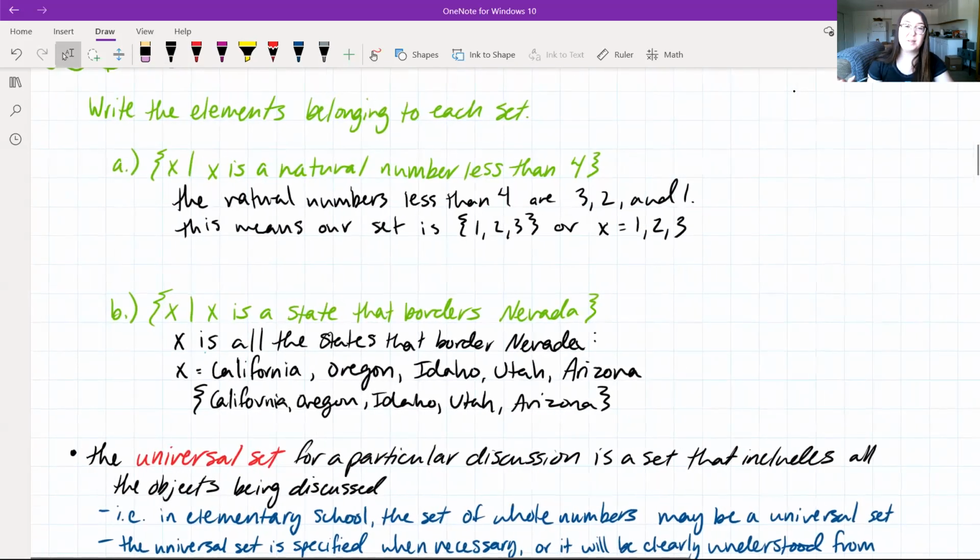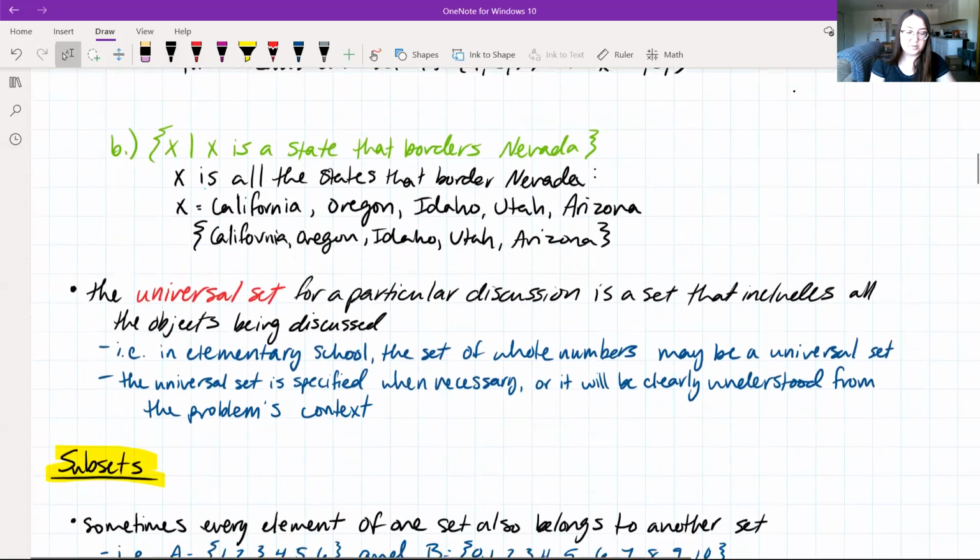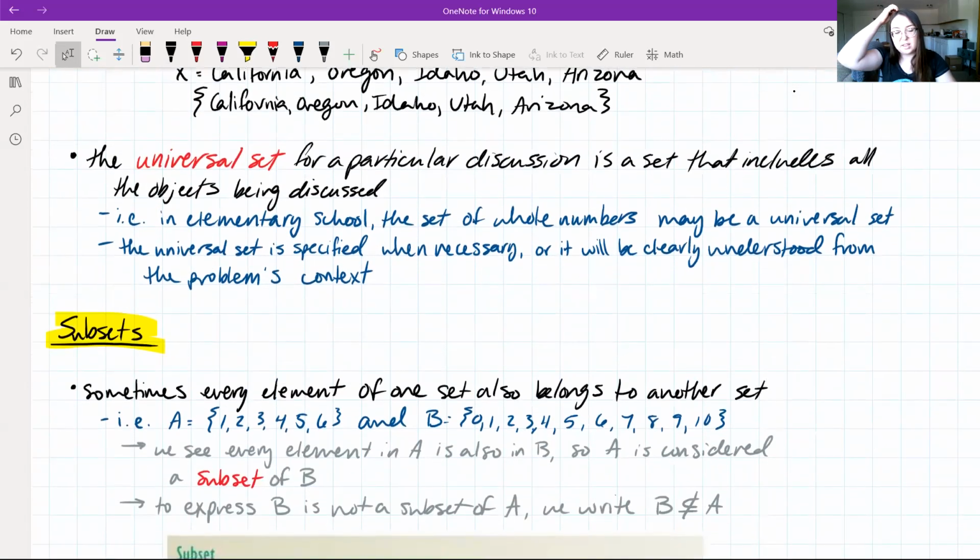All right, so that was some practice using our set builder notation. Now we're going to move on. The universal set for a particular discussion is a set that includes all the objects being discussed. So an example in elementary school, the set of whole numbers may be a universal set, because when you're in elementary school, you're really only learning about whole numbers.